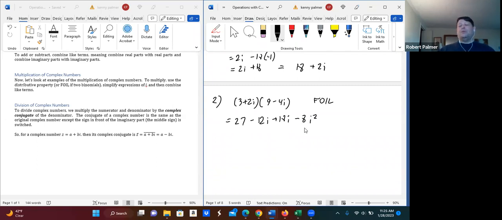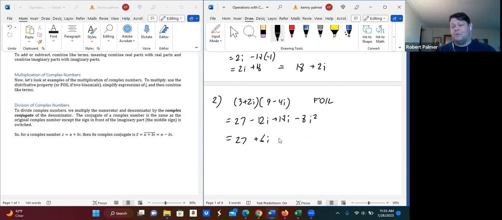Now, at this point, we just want to simplify and combine like terms. So look at what we can combine. i and i squared are not like terms, but these are the ones in the middle. So we have 27. Then if we combine our imaginary terms, -12 and plus 18 is going to give us plus 6i.